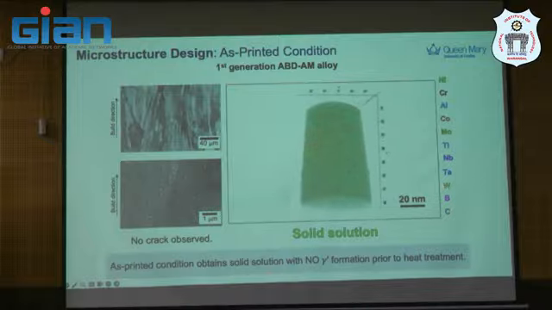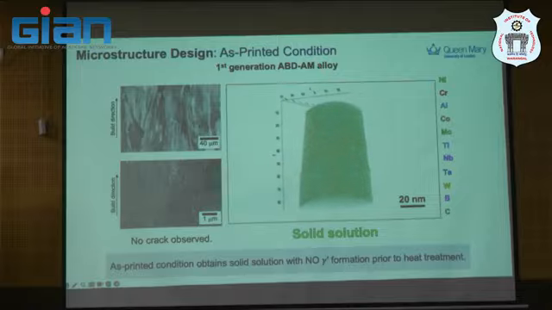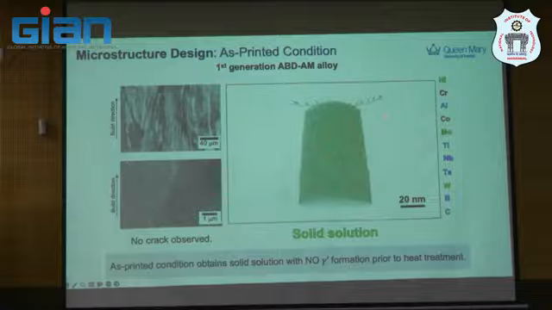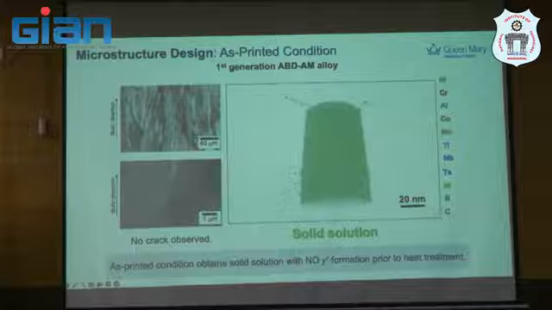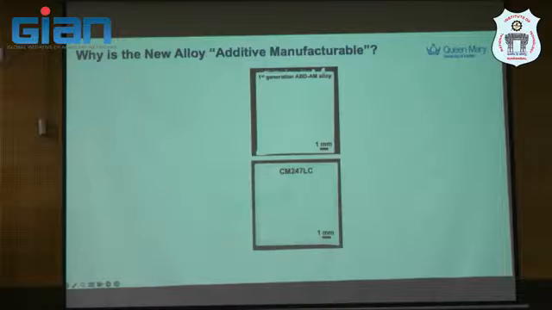And then we found at that time that there is no gamma prime forming in this new series of compositions we're looking at. It's supposed to have, at nominal composition, 25% gamma prime, but we found no gamma prime, even prior to heat treatment, in the as-printed condition. It's a solid solution.